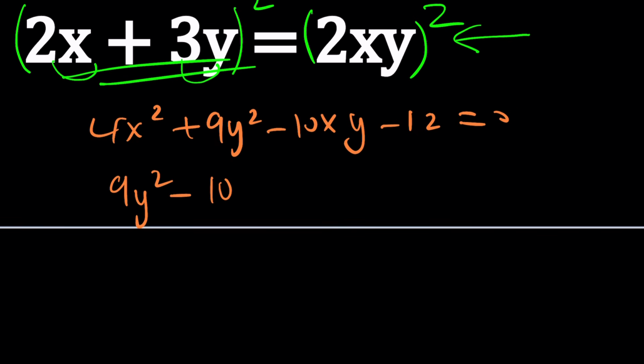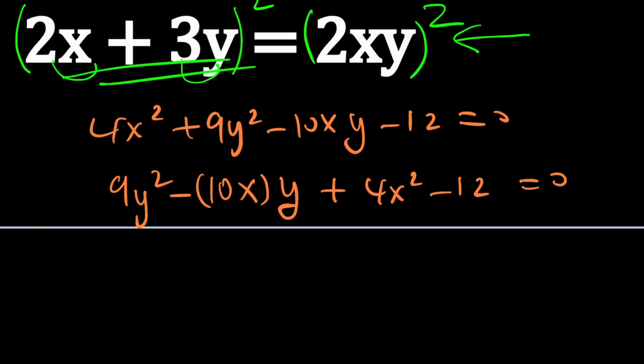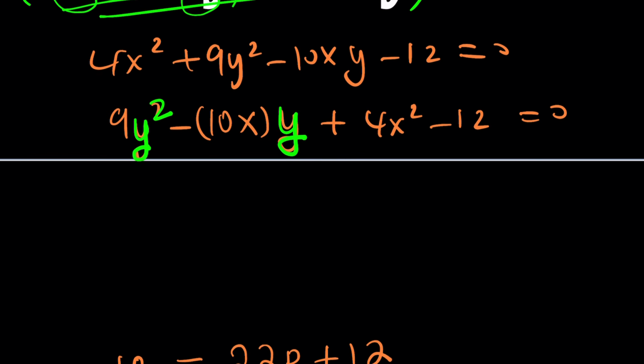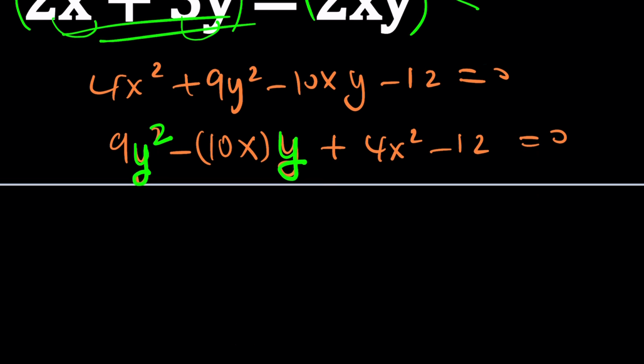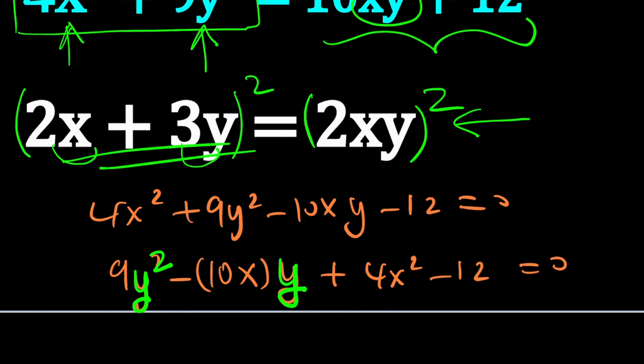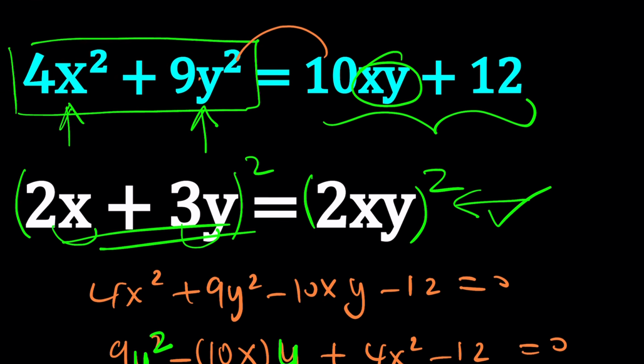So you can write it like this, plus 4x squared minus 12. Now this is a quadratic in y if you just focus on y. Make sense? You can use the quadratic formula. That'll allow you to write y in terms of x, and then you can plug it in. But we already got that from the second equation, which was a lot easier. But again, that's just another way to approach it.